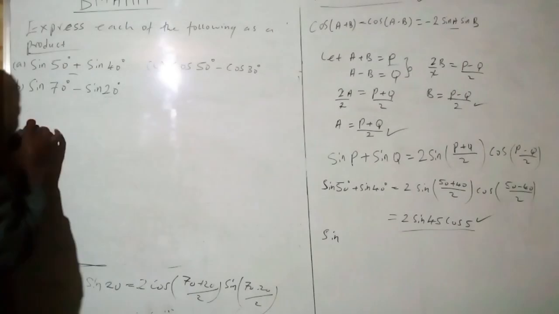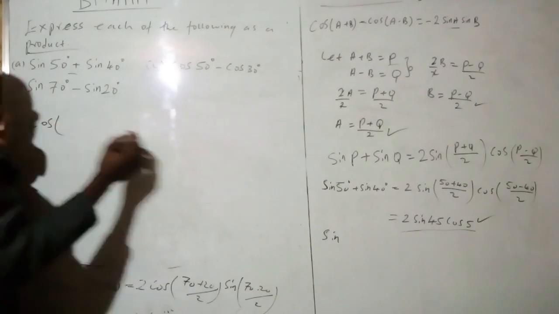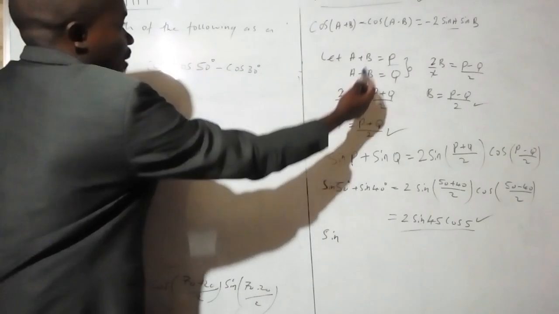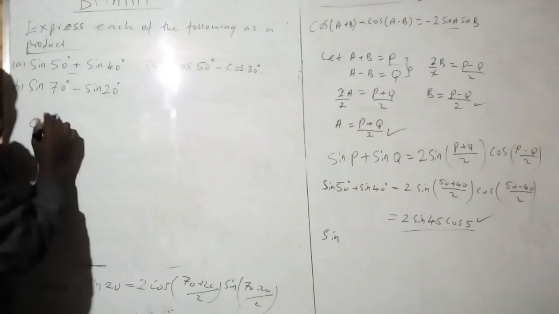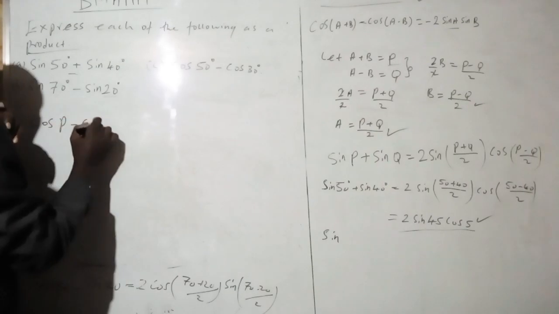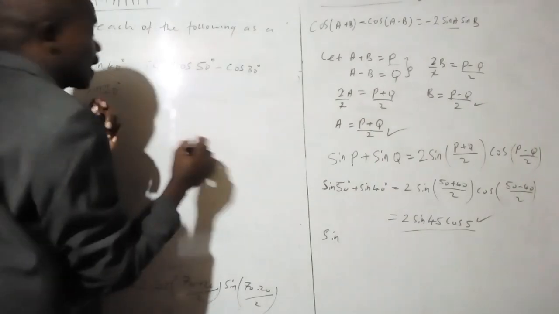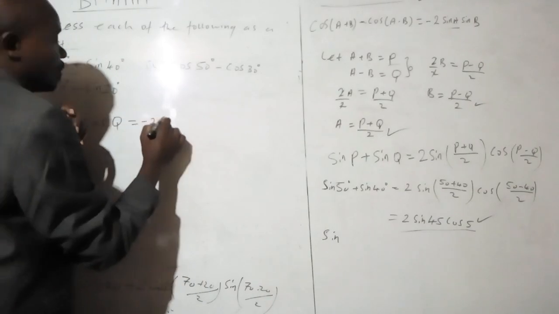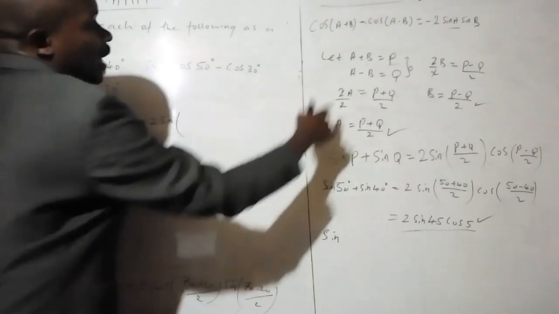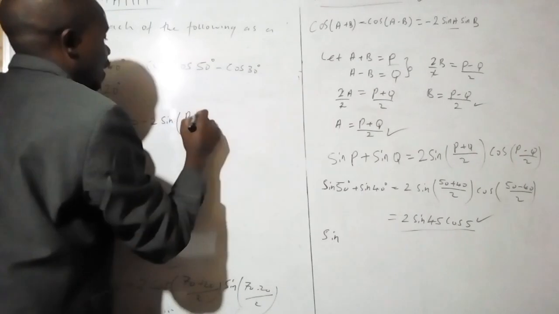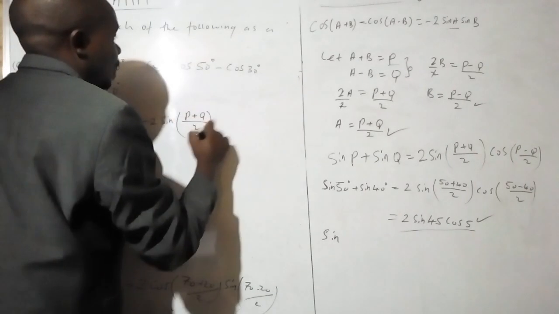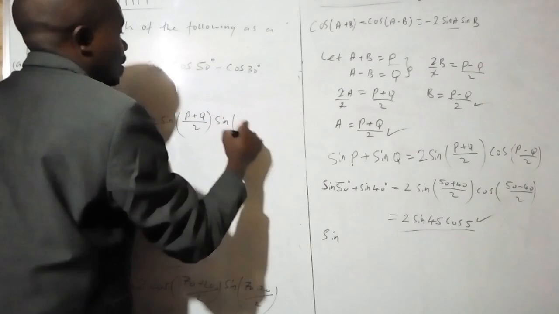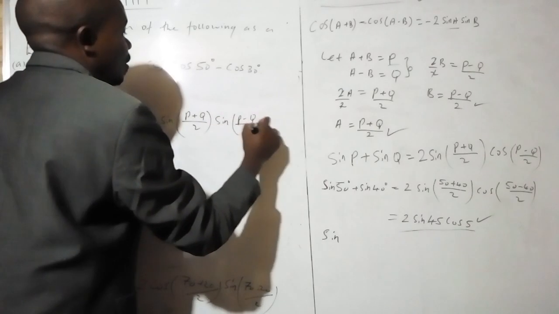Cos A plus B, A plus B is P, then minus cos A minus B, Q, is equal to negative 2 sine of P plus Q over 2, then sine of P minus Q over 2.